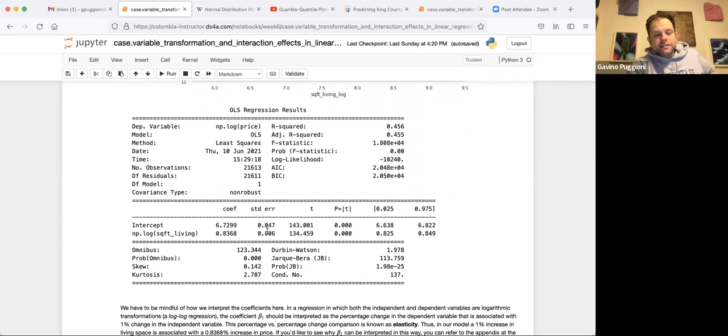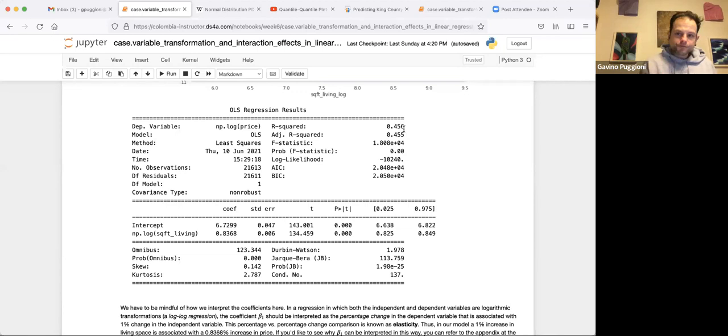So we have an intercept that is estimated as 6.7, and the slope is 0.8. If you have already discussed what R square is, we can see there is 0.45. So we are saying that the logarithm of square feet of living space explains about 45% of the total variability of the log price.